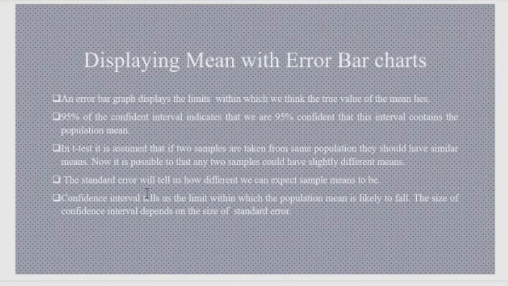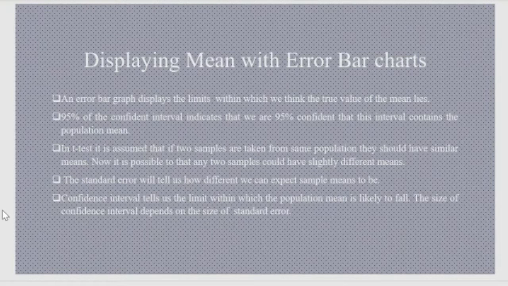Now in the t-test, our assumption is that we have taken the samples from the same population. So if there is a difference between the means of the two samples, we can say that the means are different because of the manipulation of the IV, not because we have taken the samples from different populations. Is it clear why we need this?